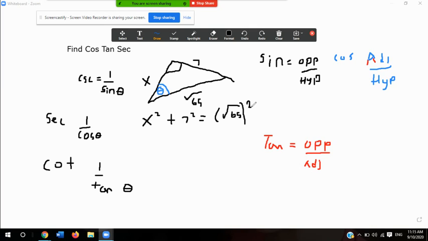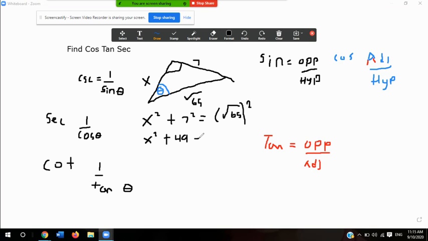So x squared stays the same because there's absolutely nothing I can do with this, at least not yet. 7 squared is the same thing as saying 7 times 7, so that's going to be 49. And what's going to happen with the square root of 65 as it's elevated to the power of 2?